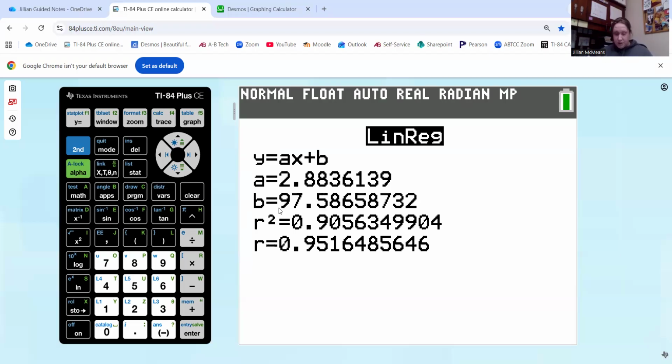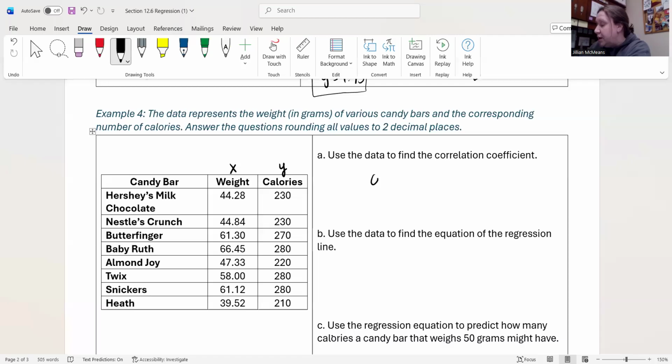So let me make sure I've got this written down. I do. Let's go to the worksheet really quick. Okay, so R was 0.95 to 2 decimal places. And then remember, we're looking at y equals ax plus b, and a is 2.88 and b was 97.57 to 2 decimal places, okay?